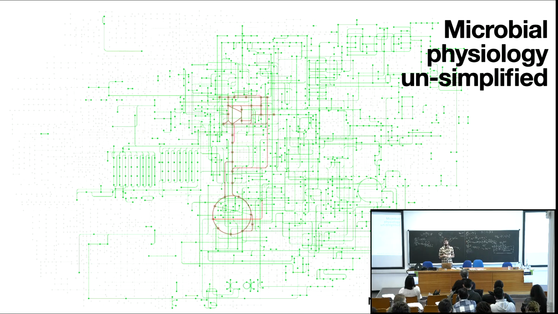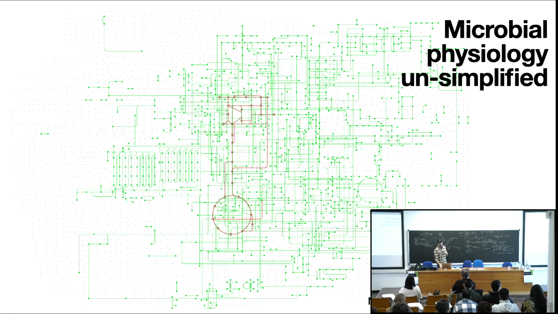This is for a specific type of organism, Escherichia coli, which is a bug that lives in the guts of mammals, of cows, and it's sort of the standard model organism for bacteria. Okay? So there are many things.